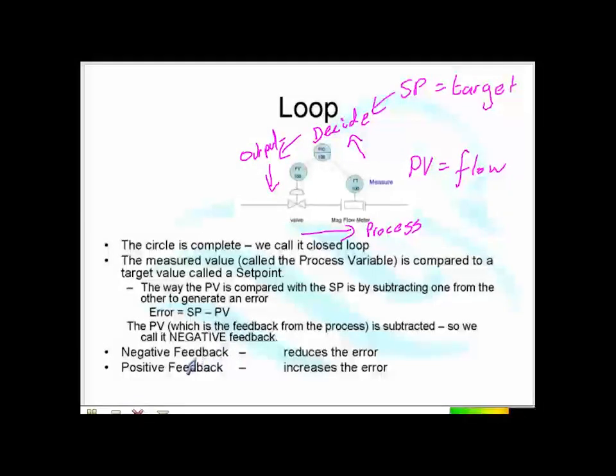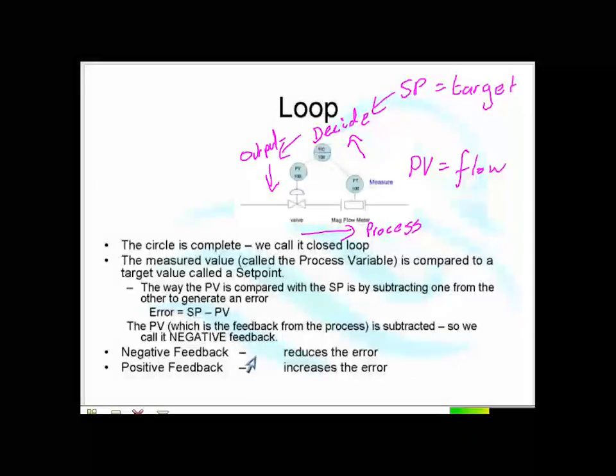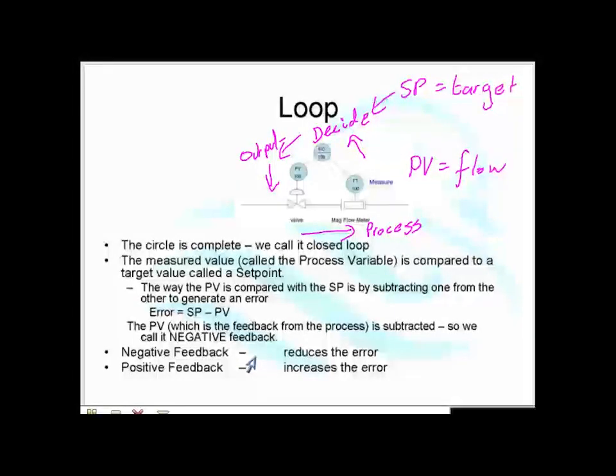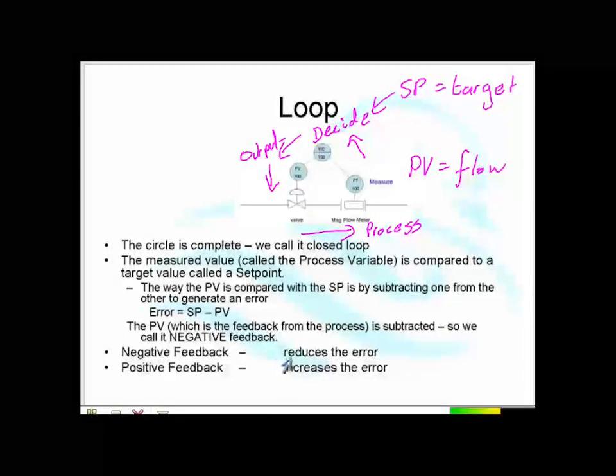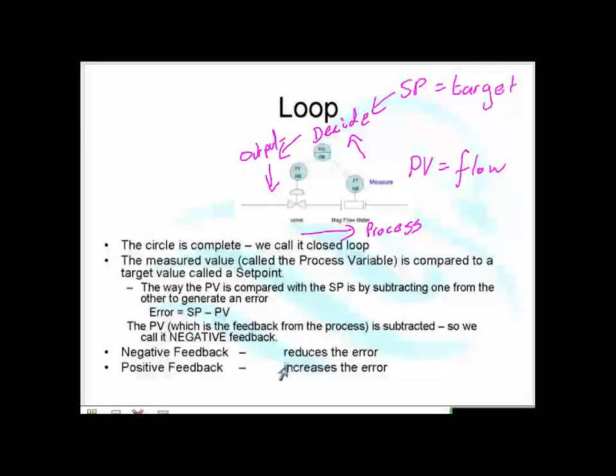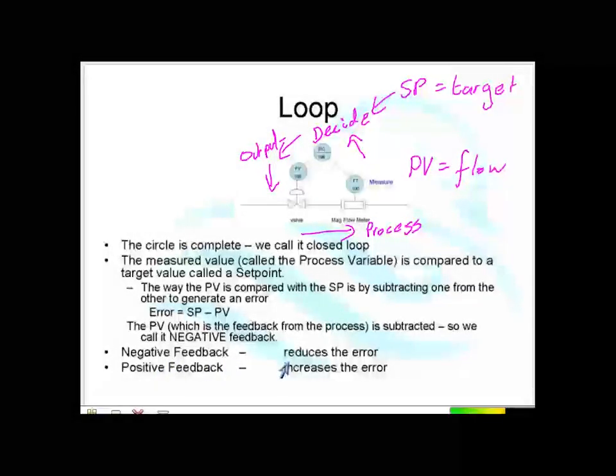Because we are subtracting the process variable from the set point, and because we're trying to reduce the error, we say that it's negative feedback. Negative feedback reduces the error.